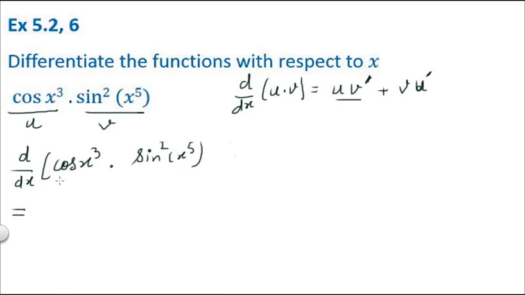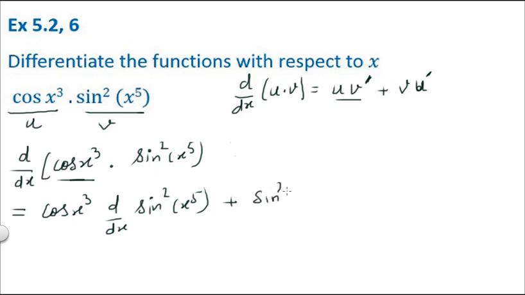So this is u. We will write u as it is first, and differentiation of sine square x to the power 5, plus, now v will be as it is. So sine square x to the power 5 as it is, into differentiation of cos x cube. Clear? Let us differentiate them.